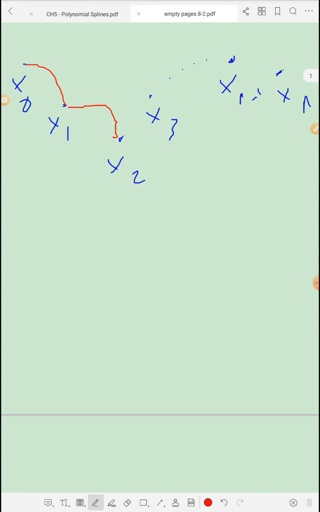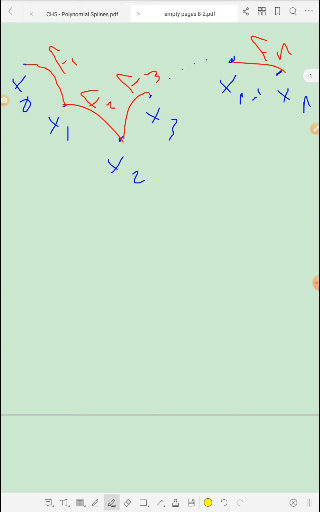This is a random polynomial. Then x2 and x3 with another polynomial. We continue this process till we reach the last polynomial, which connects xn minus 1 with xn. We give the first polynomial the symbol f1, the next one f2, the third one f3, and the final one will be fn.